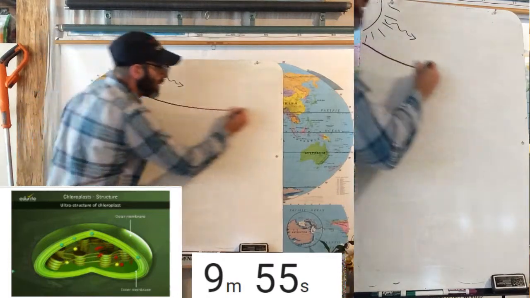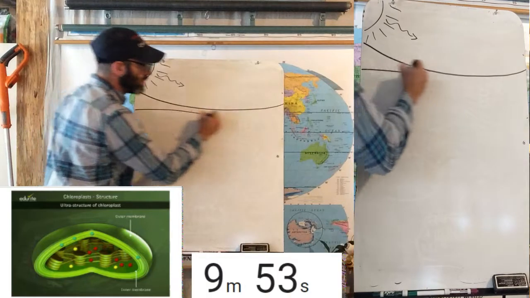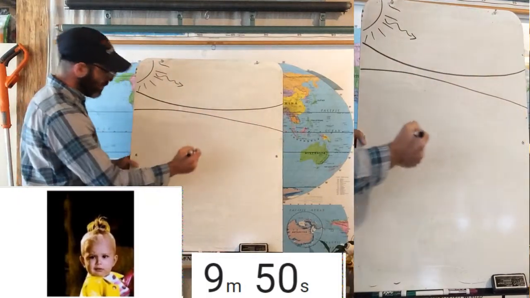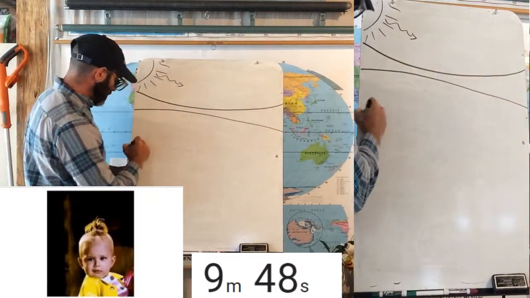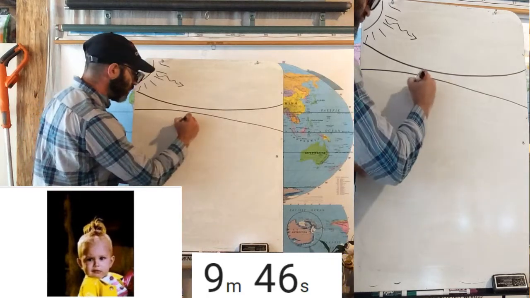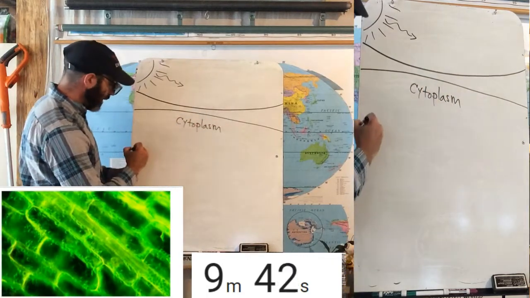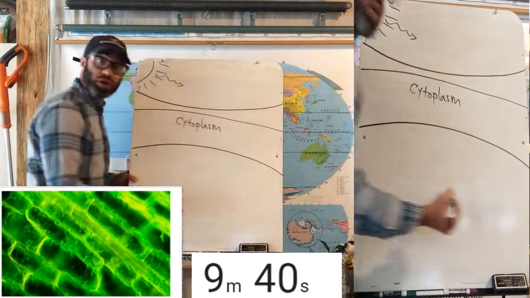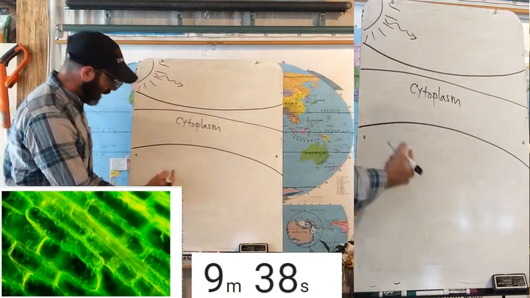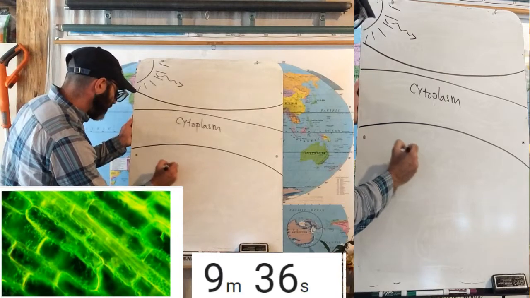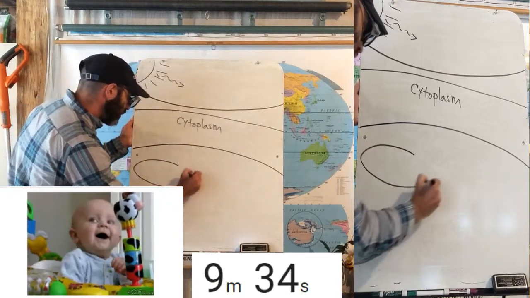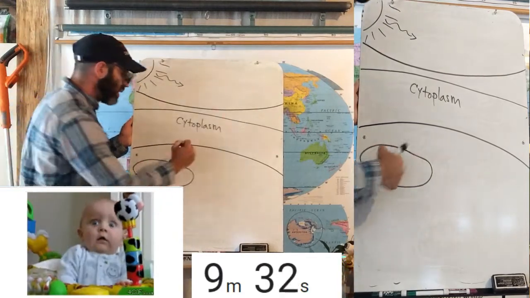So, here's the cell wall. Here's the cell membrane, lipid bilayer. Here is the cytoplasm. And then here is the membrane of the chloroplast. And then I'll just draw a thylakoid right here. So here's a thylakoid. This is stroma.